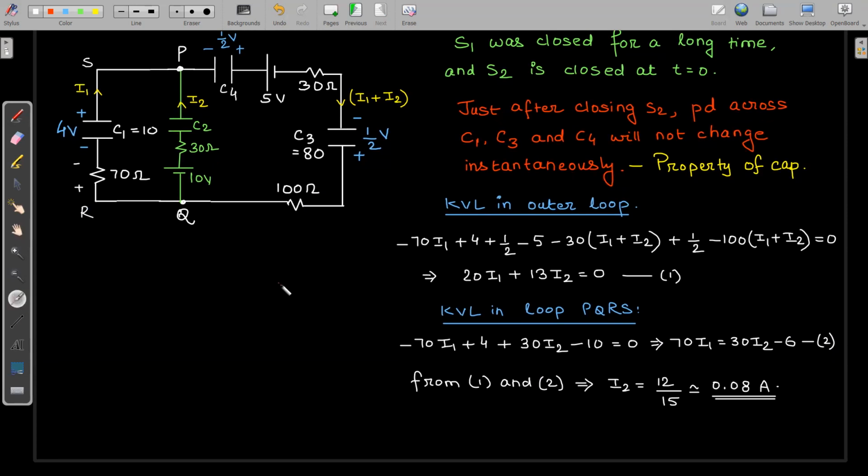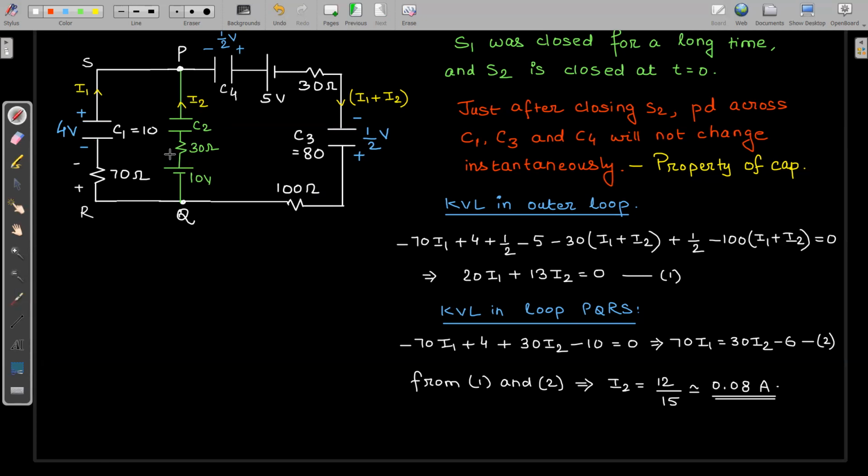So let us see this KVL. We are starting from R and going in the clockwise sense. First there will be a drop of 70 multiplied by I1. This will be the drop across this resistor. Then we gain a potential of 4 volt across C1, so plus 4. Then C2 does not offer any potential difference. Then across the 30 ohm, there will be an increase in potential of 30 multiplied by I2.